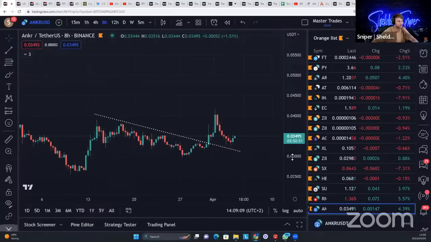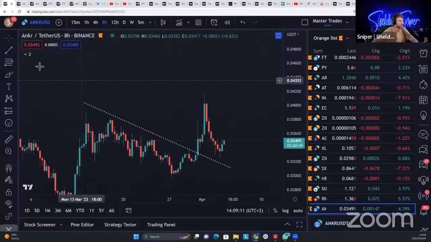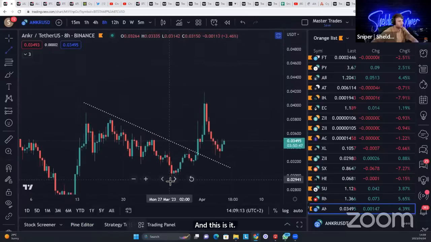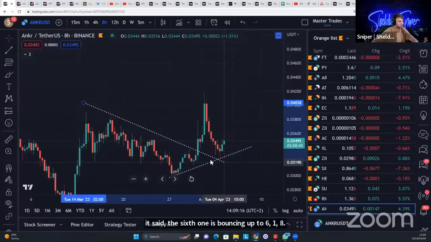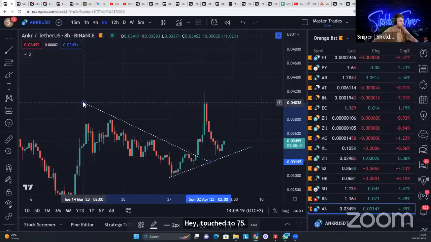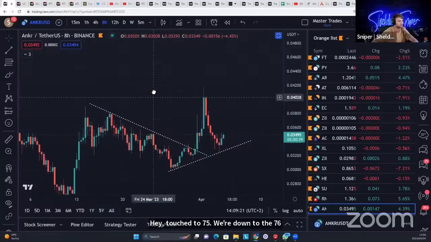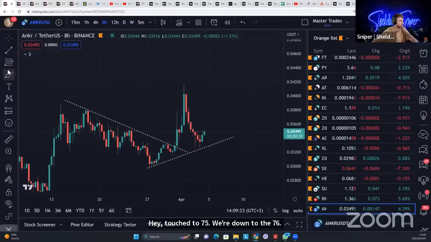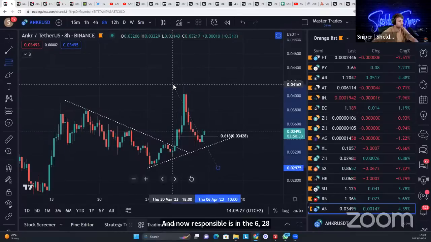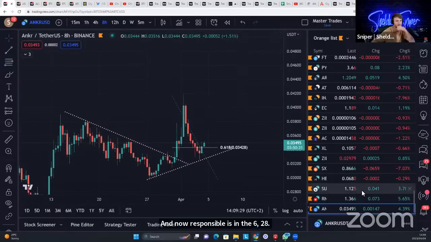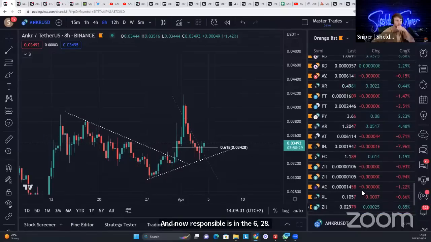Perfect break, perfect retest. And it's at the 618, it's bouncing off the 618. It touched the 70 fib, wick down to the 76, and now it's bouncing off, it's in the 618. Holding 618, great. So I think that's a good spot.